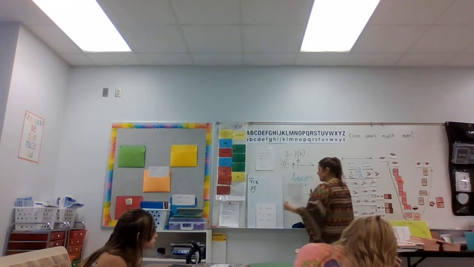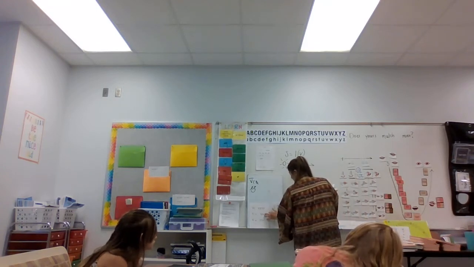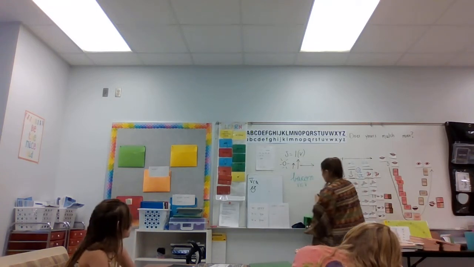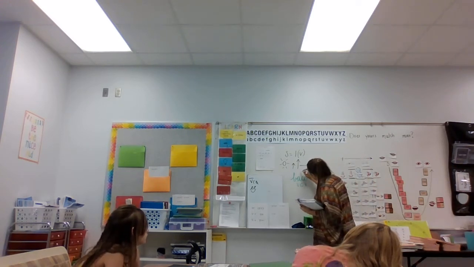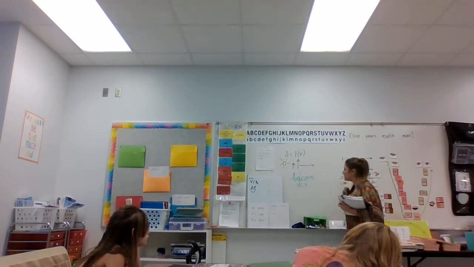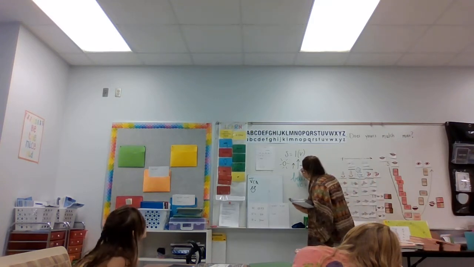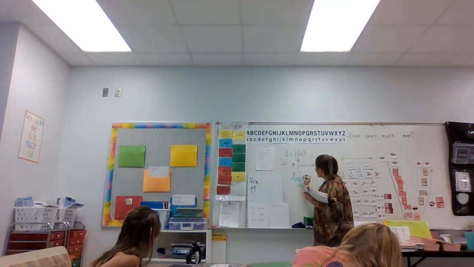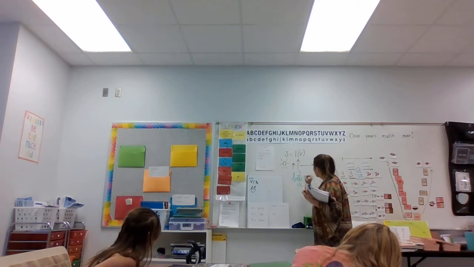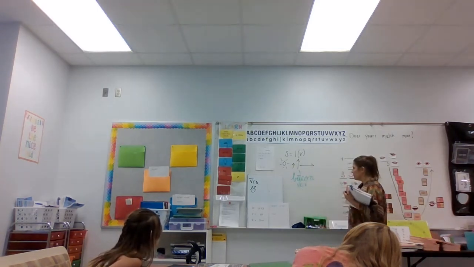So I'm going to follow my new syllable procedure. I'm going to divide between the vowel and the consonant, accent the first syllable, because if that A says its name, right, if it's long, it has to be an accented syllable. All right. And I'm going to code that A with a macron.